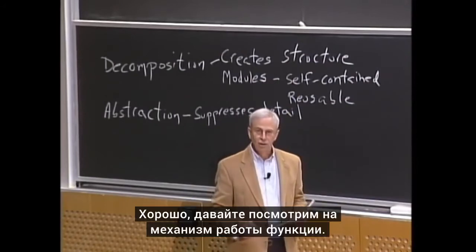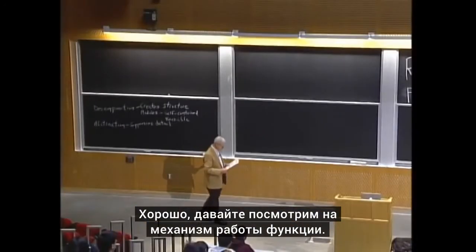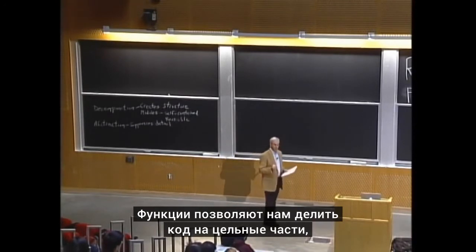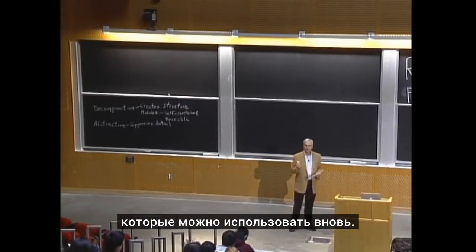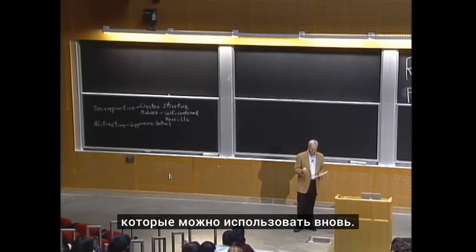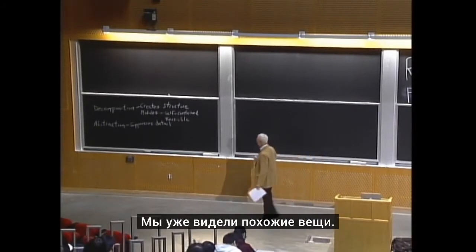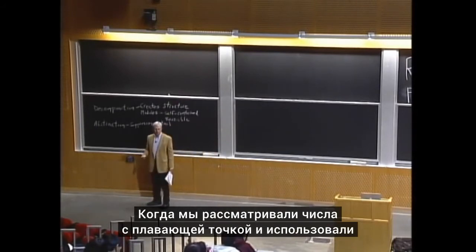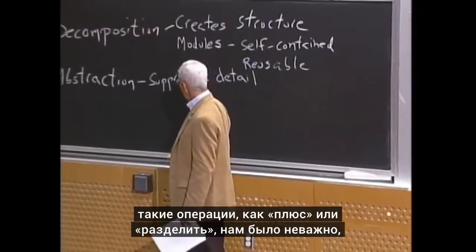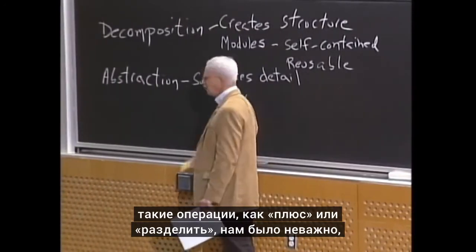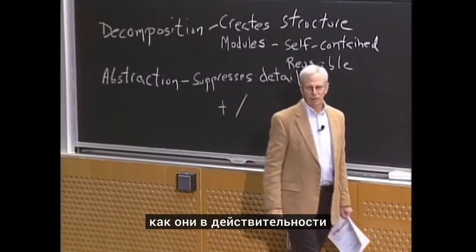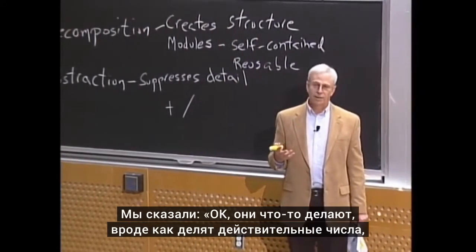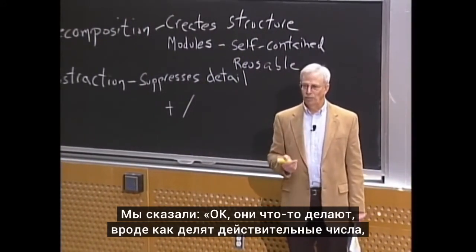All right, so let's look at the way functions work. The functions let us break code into reusable, coherent pieces. Now, we've already looked at similar kinds of things. When we looked at, say, floating point numbers, and we wrote operations like plus or divide, we didn't worry about how they were actually implemented in the machine. We said, okay, they do something. They're kind of like dividing real numbers.